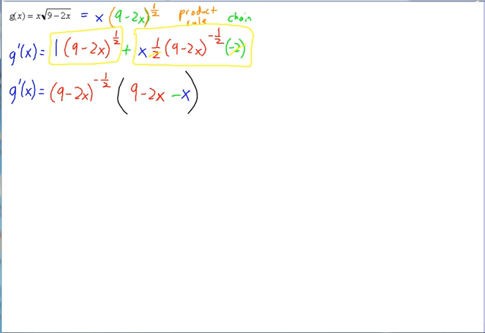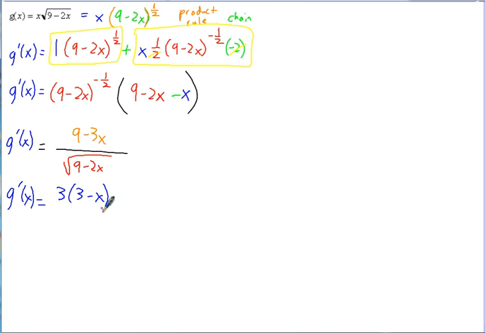And then we bring that to the denominator as the square root of 9 minus 2x. And in the numerator we just have 9 minus 3x. We can make it even simpler by factoring out a 3. That leaves you with (3 minus x) over the square root of 9 minus 2x.